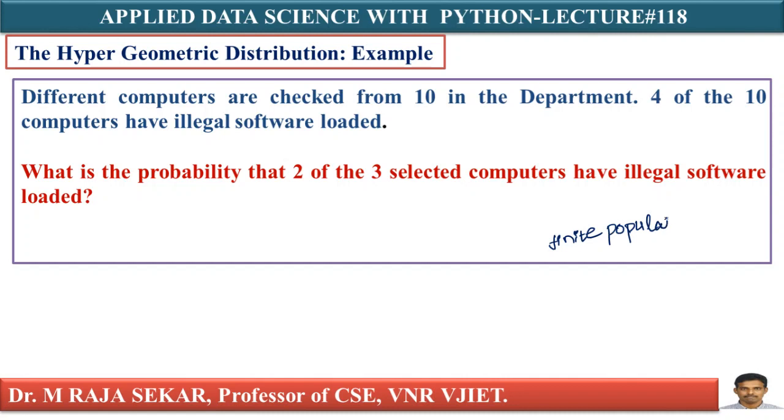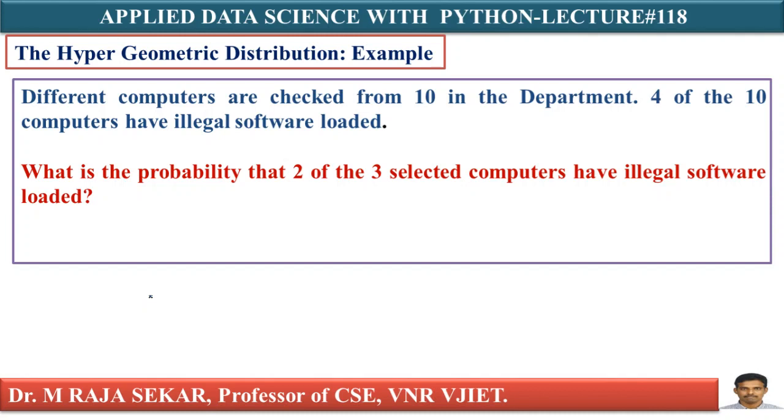As we were discussing in previous lectures, if it is finite population, you can think of finite population without replacement. You can think of hypergeometric distribution. Here it is finite population. I can say whenever there is a finite population, we should think of hypergeometric distribution.